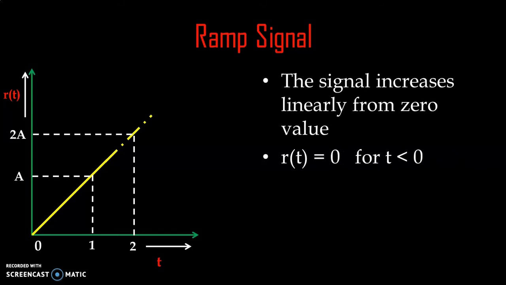R of t is equal to 0 for time t less than 0. For t greater than 0, R of t is equal to A times t, meaning it increases linearly with the time.